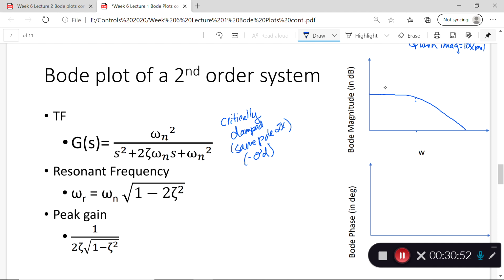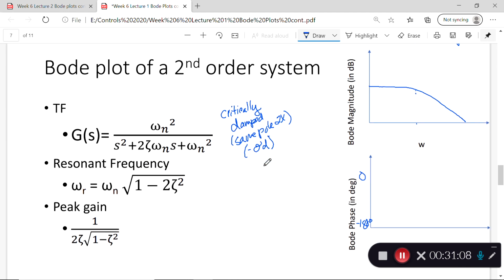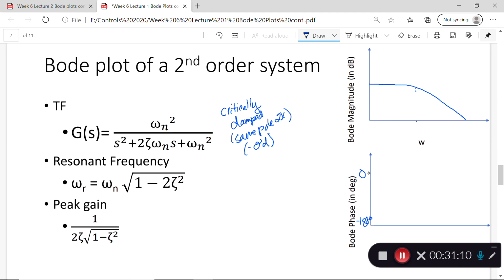This critically damped case is going to be my blue. My phase graph for that will go from 0, instead of to negative 90, to negative 180 because I have two poles. So my asymptote now has to be negative 90 times 2 instead of just 1. No zeros. So I expect to be going from 0 to negative 180 in somewhat of a smooth curve there.